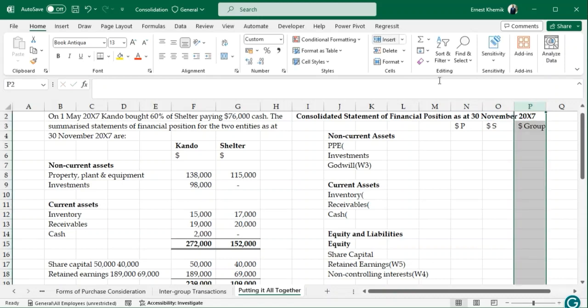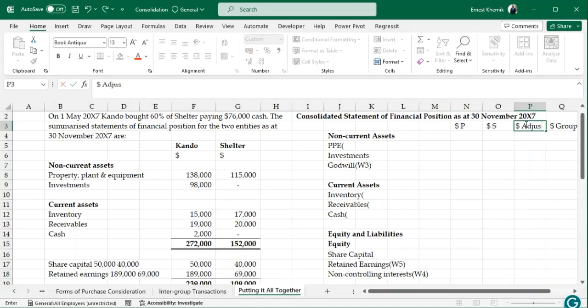I want to also insert another column here and call it the adjustments.